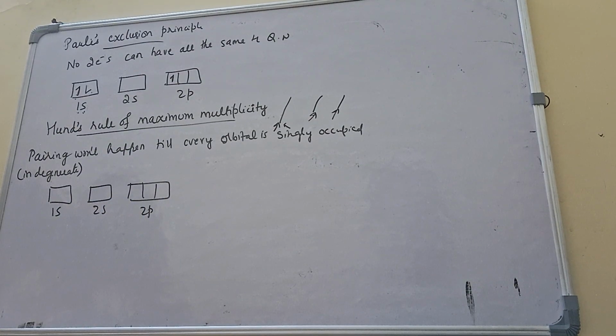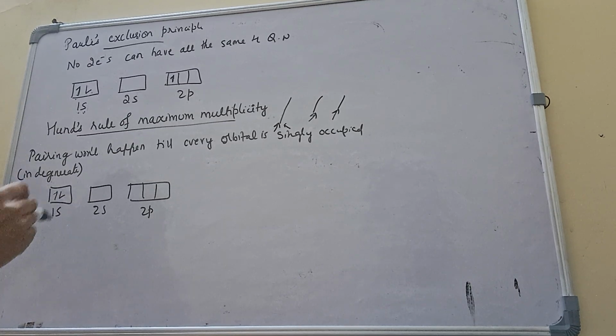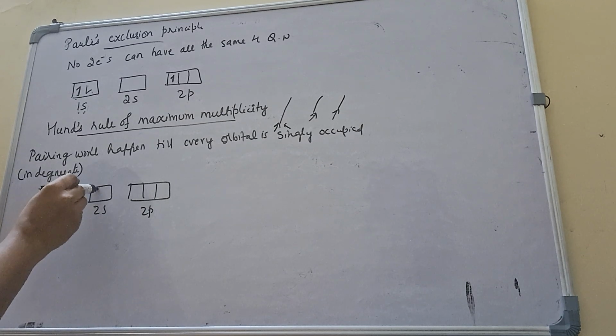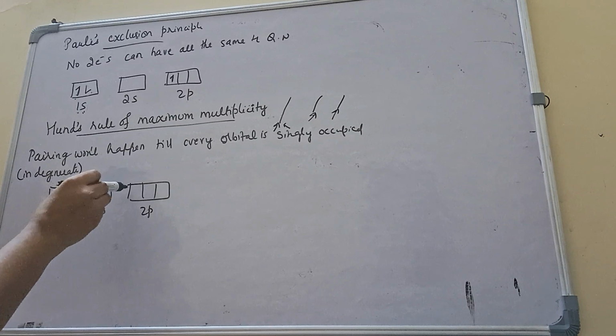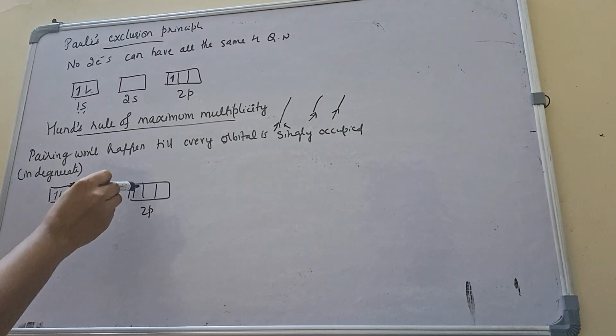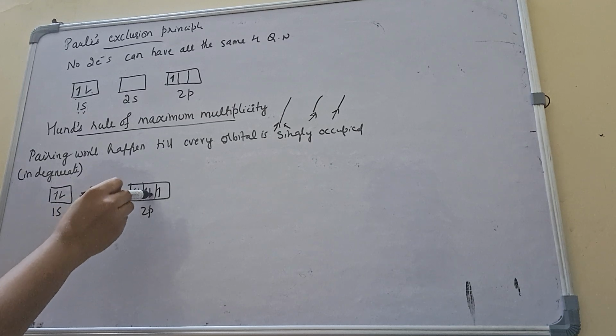Now how do we fill the electrons? It's in the increasing order of energy. 1s has the lowest energy, so it will get completely filled with 2 electrons. The next electron will go to 2s because it has the next amount of energy. So it will come here. Now 4 electrons are done. The 5th electron will go here. The 6th will not pair. The 6th will go here. The 7th will go here. Then the 8th, 9th and 10th.